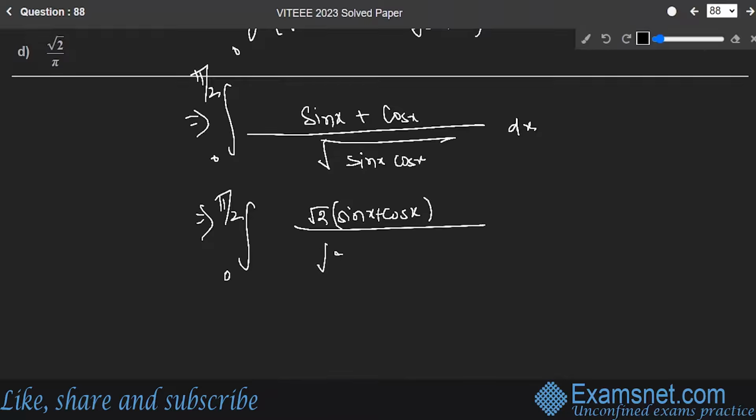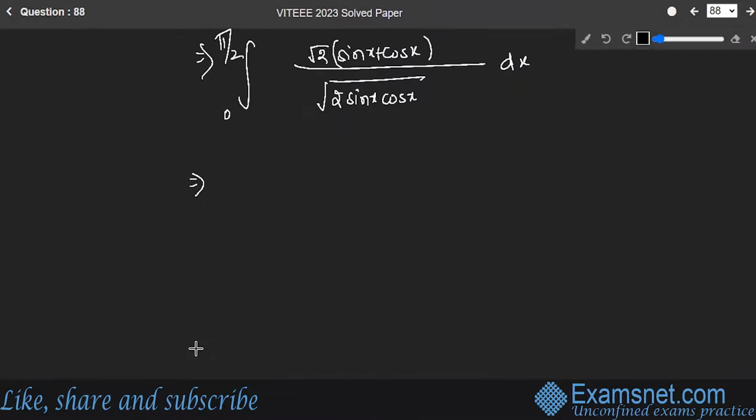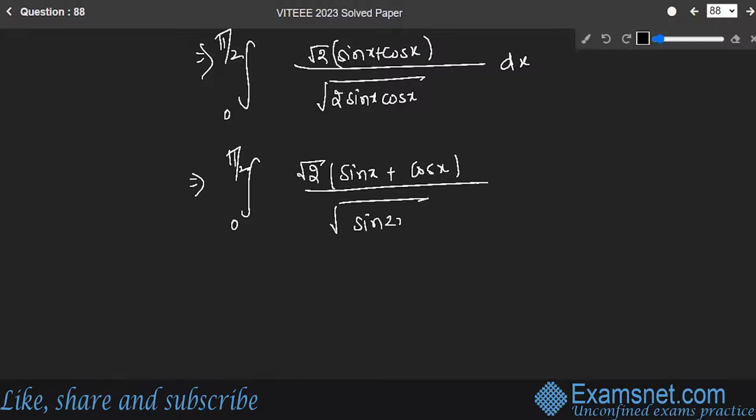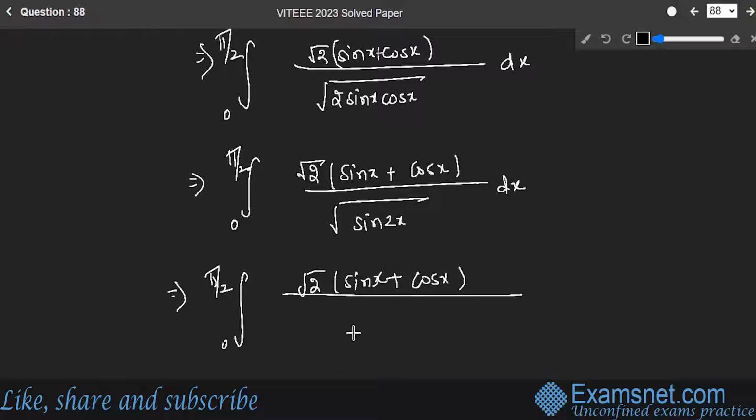Whole divided by 2 sin x cos x dx, or this is equal to the integral of 0 to pi by 2, root 2 into (sin x plus cos x) upon root of sin 2x dx.